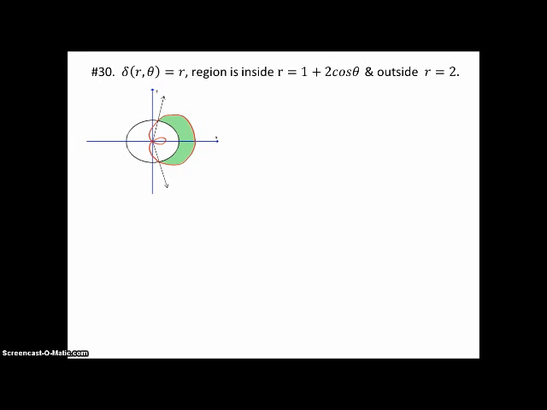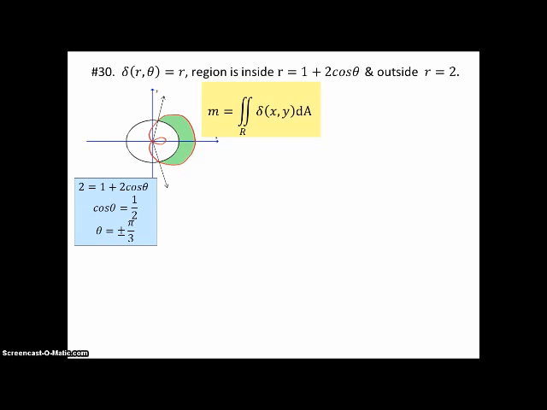So now we need to find out where our endpoints are for our limits of integration for theta. So we're going to set 2 equal to 1 plus 2 cosine theta and solve, and we get our angles to be plus or minus pi over 3. So here's our formula. It's the same formula except we have to interpret it polarly.